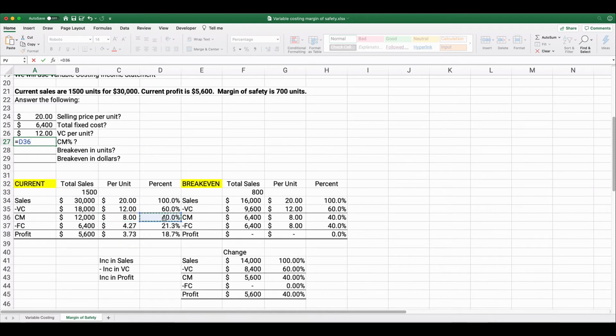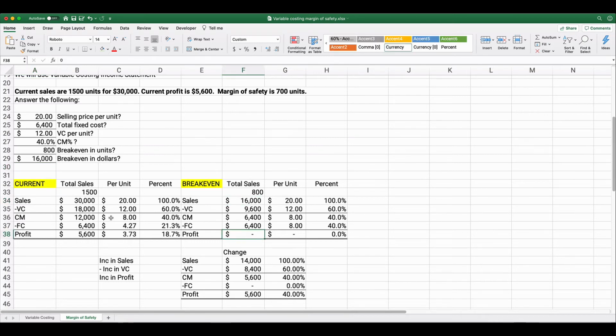Well, that's 40%. What is our break-even in units? Our break-even units is going to be the 800 that we just calculated. And what's the break-even in dollars? Well, we have to sell $16,000 worth to break even. And if we sell $16,000, we have zero profit.